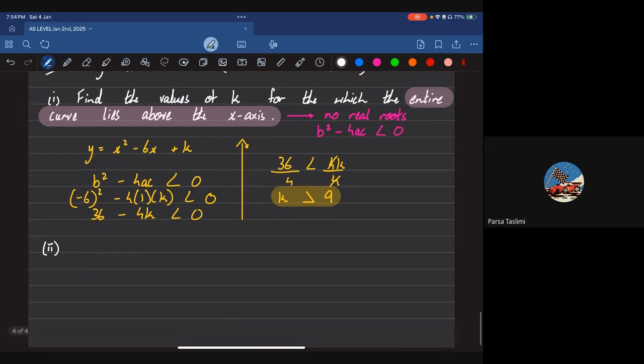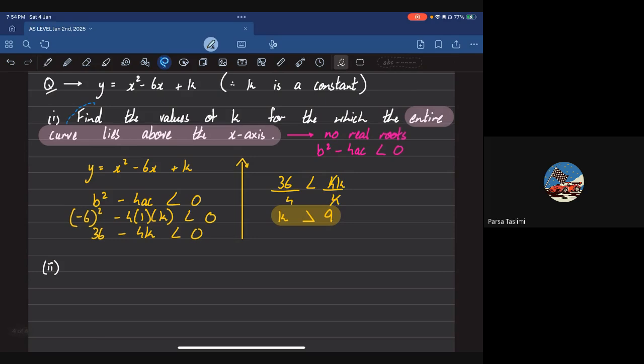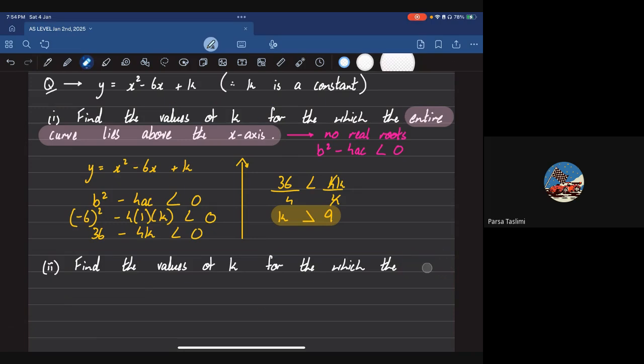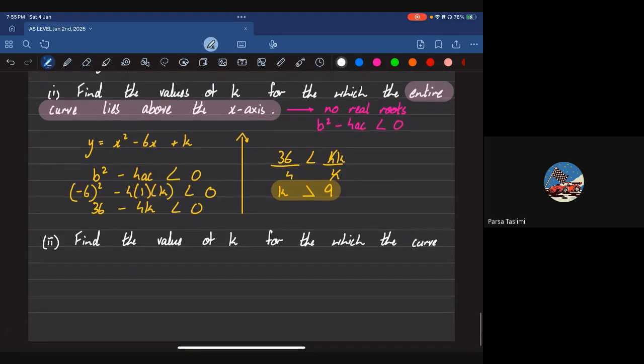It says find the value of k for which the line y plus 2x is equal to 7 is a tangent to the curve.